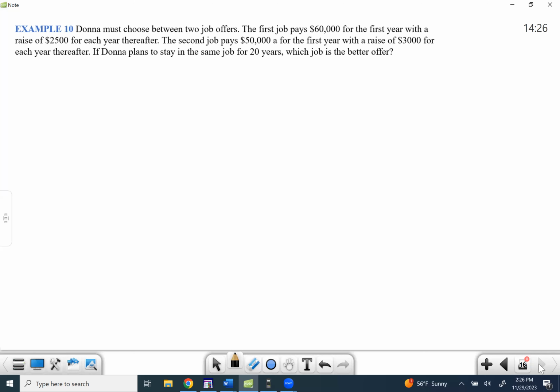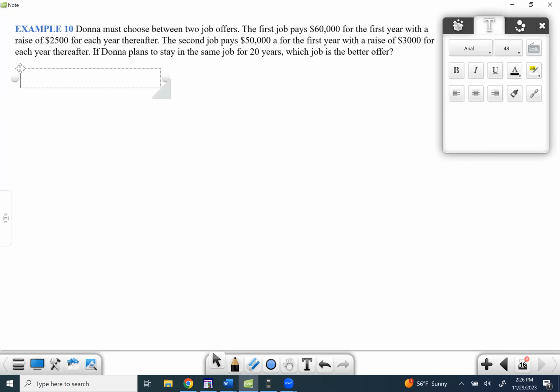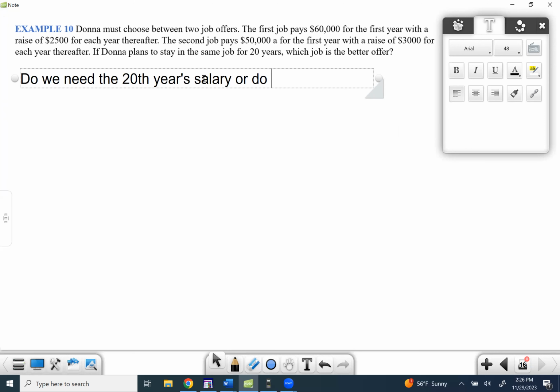So the first thing I want to ask myself is, do I need to find the 20th term, or do I need to find the sum? Let me put it this way. Do we need the 20th year's salary, or do we need the sum of all 20 years' salaries?